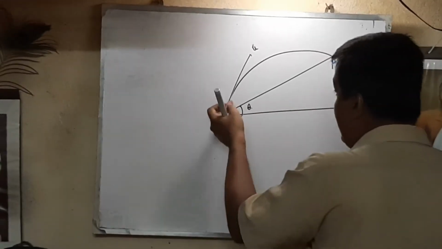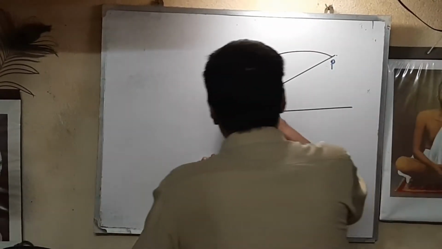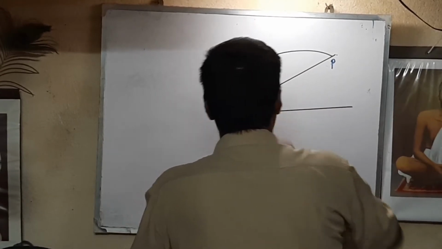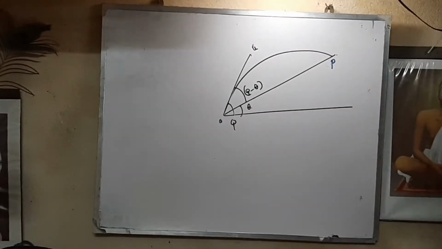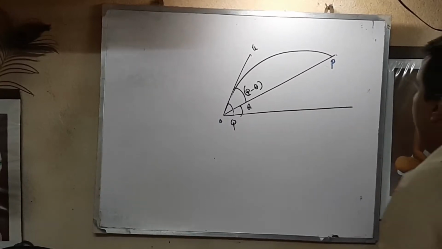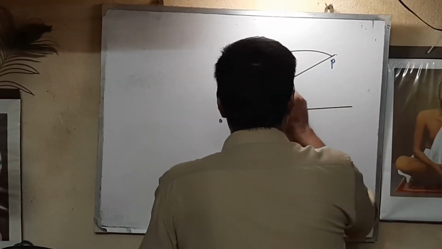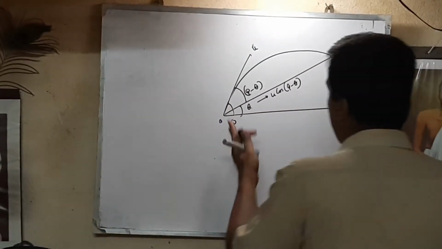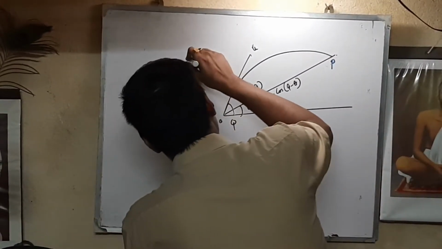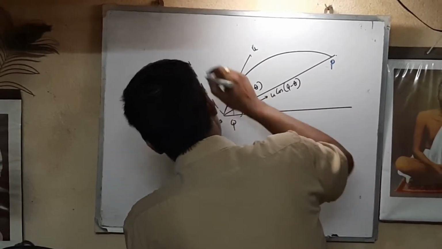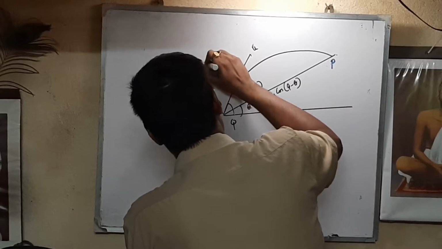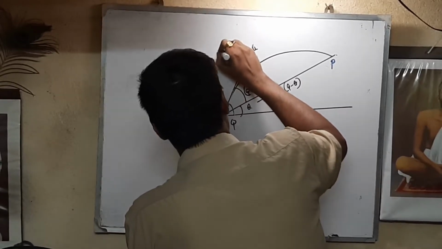Now, this angle is phi, and this angle is phi minus theta. Now u can be resolved into two rectangular components. Along this, it will be u cos of phi minus theta, and along that direction, u sin of phi minus theta.